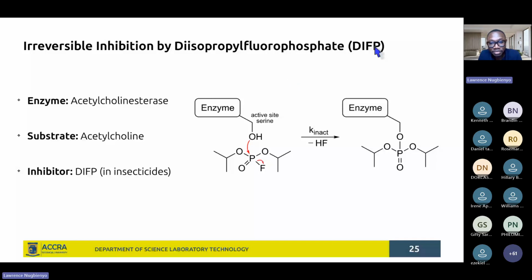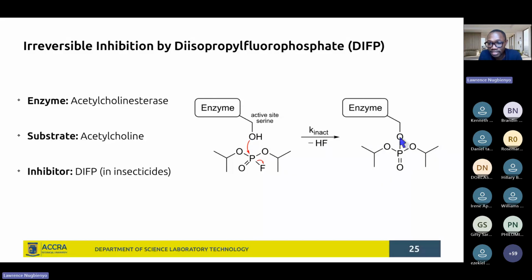acting as an inhibitor. Here again, you see the enzyme has serine at the active site. So that's what is being shown, OH, the side chain CH2OH. And you have DIFP that comes to bind covalently to the enzyme.